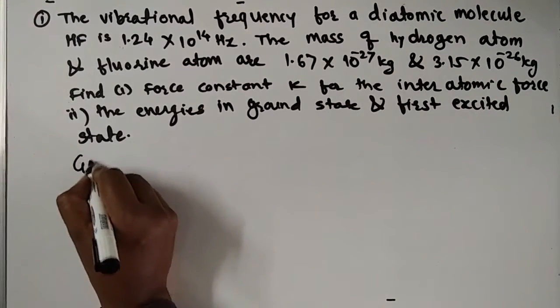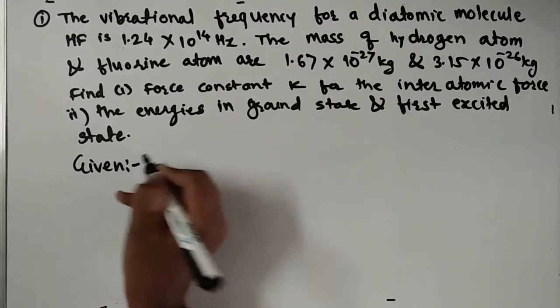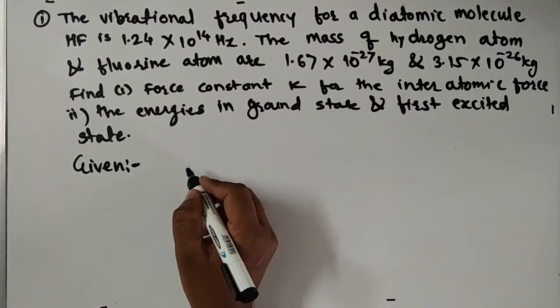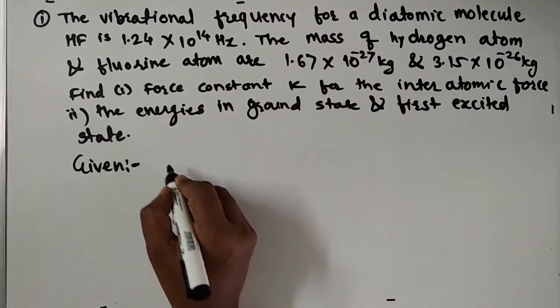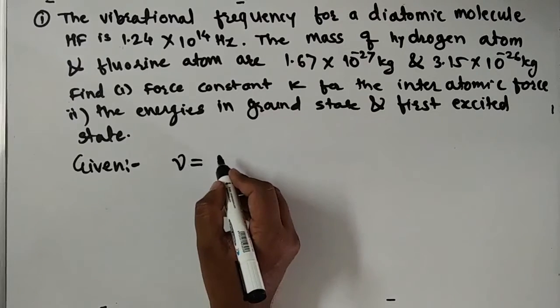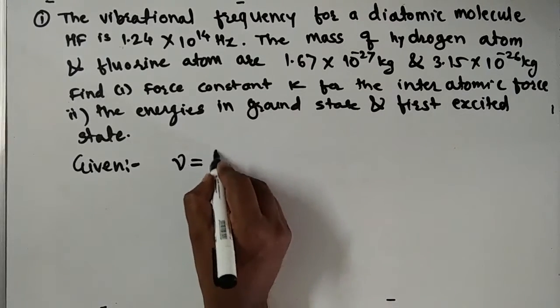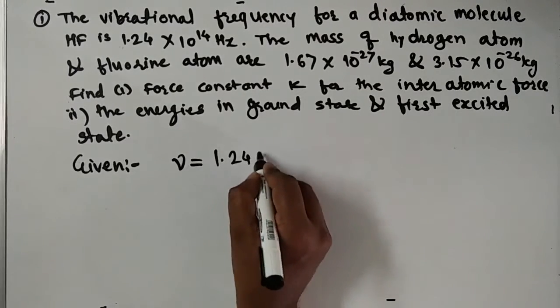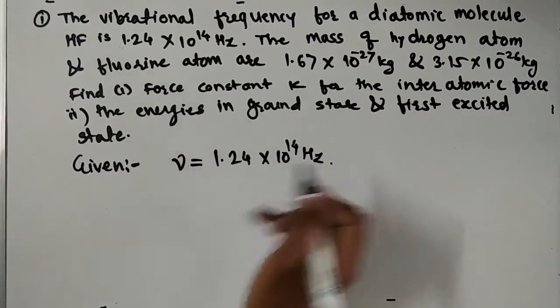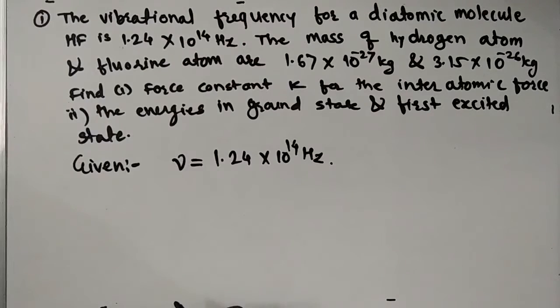First we will write what is given. The vibrational frequency of hydrogen fluoride molecule is given, right? So vibrational frequency is denoted by nu and we can write it is 1.24 into 10 raised to 14 Hertz. Then the masses of hydrogen atom and fluorine atom are also given, right?